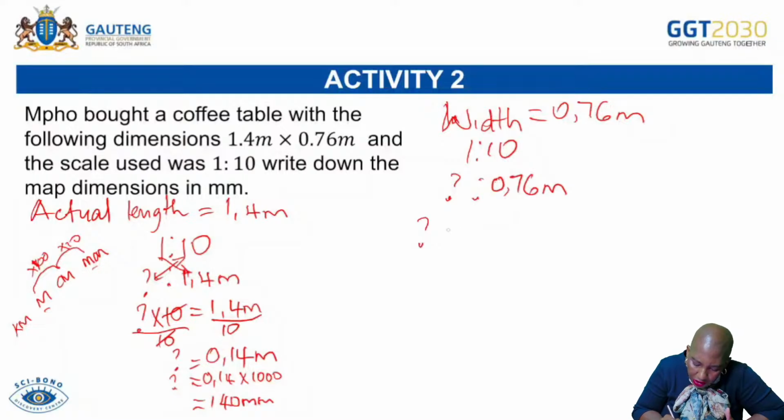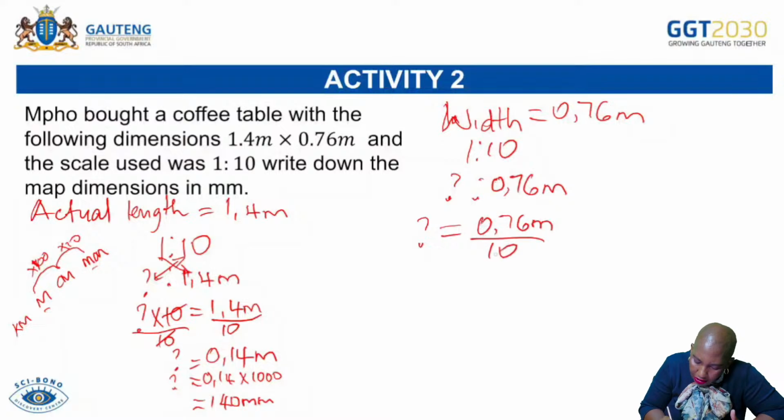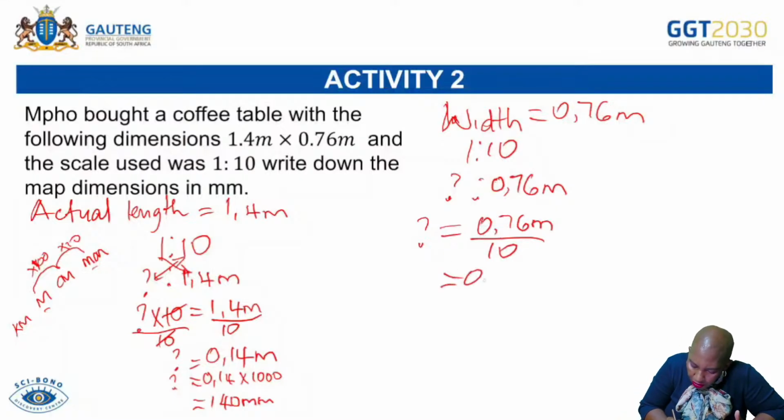And then I do my conversions. Remember, with my conversions, the unknown will be equal to what? 0.76 meters. The way I have done it on this side, I will continue doing it the same way. I divide 0.76 by 10. It will give me 0.076 meters. And then I take the very answer, I'm converting it now to millimeters.